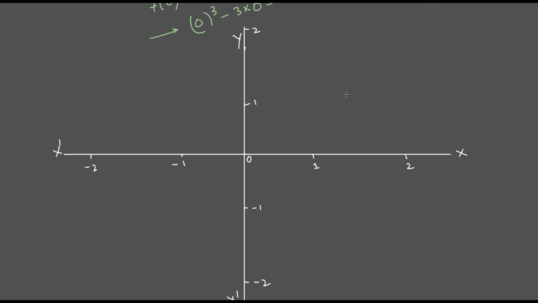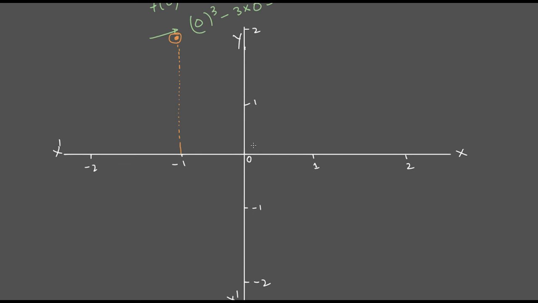Where the function is 2 when x equals minus 1, we get a point here.